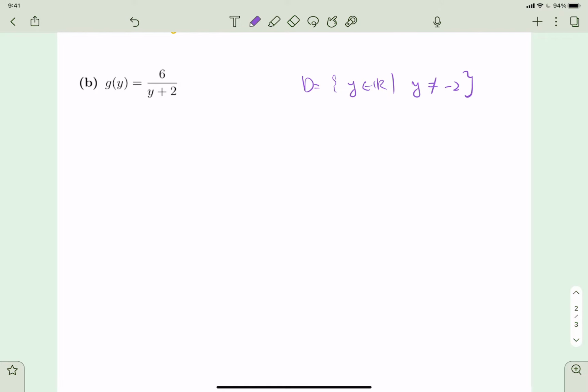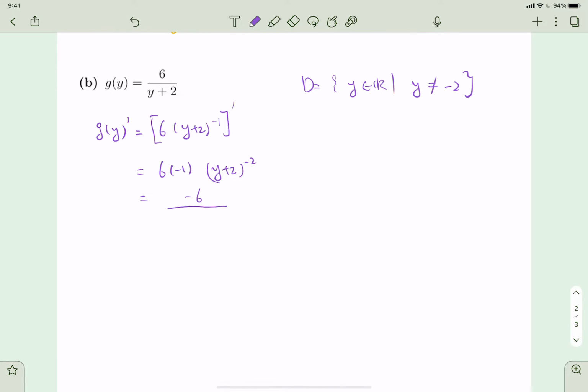Okay, now we're going to find its derivative by using the chain rule here. So that is 6 times (y plus 2) to the negative 1, derivative, right? Which is 6 times negative 1 times (y plus 2) to the negative 2, which can be written as negative 6 divided by (y plus 2) squared.